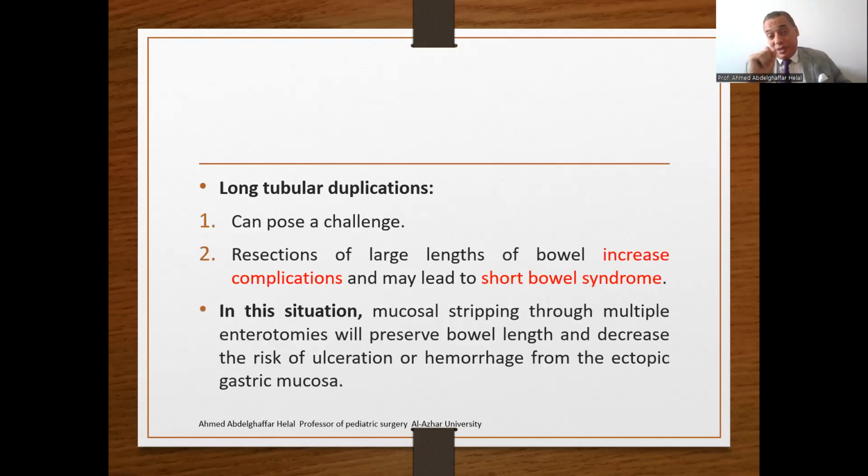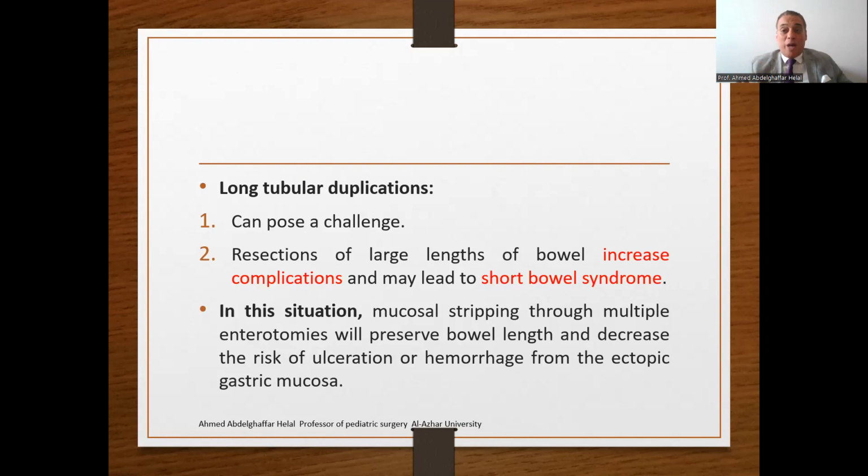Long tubular duplication is actually a challenge for the pediatric surgeon. Resection of a large length of bowel increases complications and may lead to short bowel syndrome. In these cases, mucosal stripping through multiple enterotomies is used.